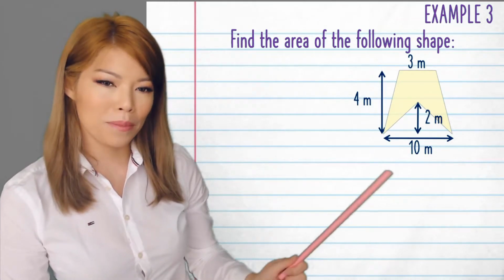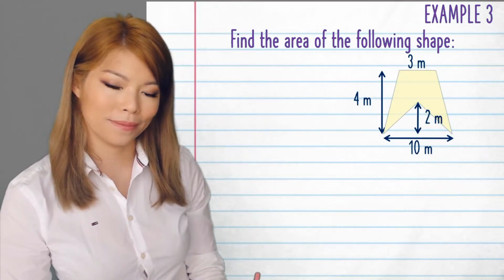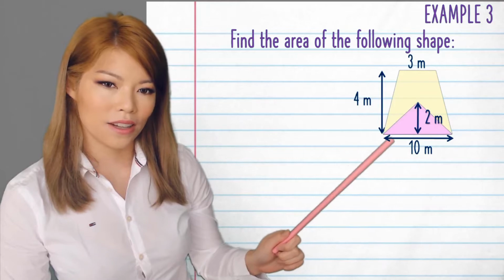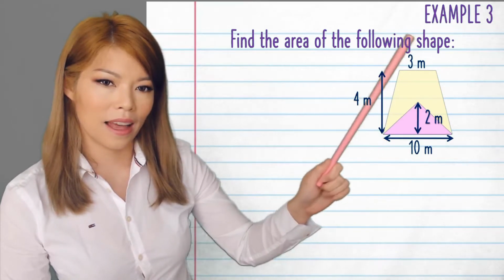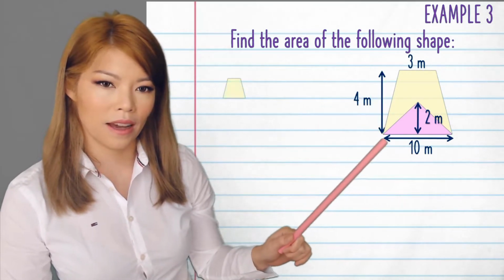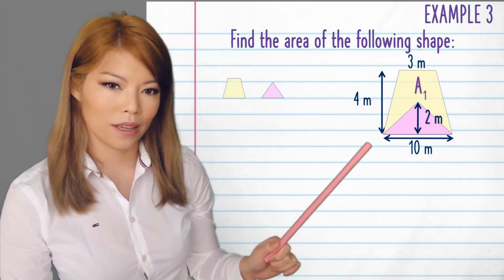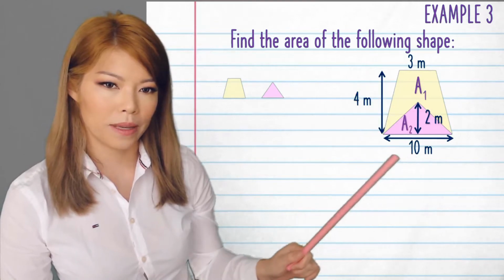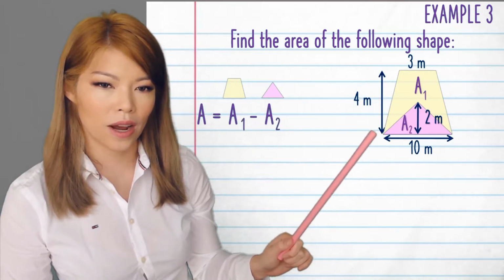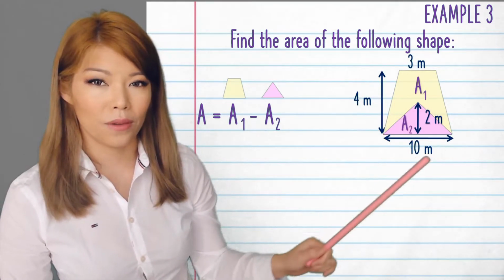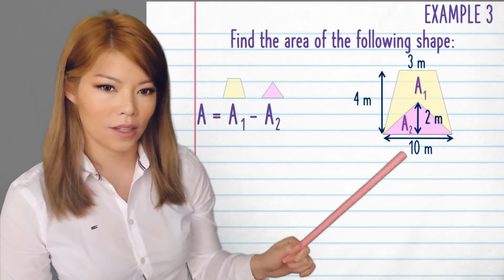Example 3, what familiar shapes can you see in this one? We can see that there's a triangle in there, and the shape we have is a trapezium minus the triangle. So let's label the trapezium as A1 and the triangle as A2. So the area we want is A1 minus A2.